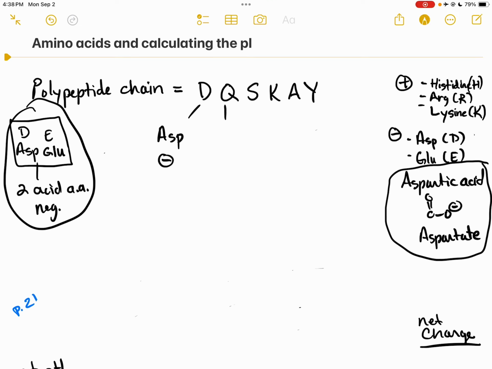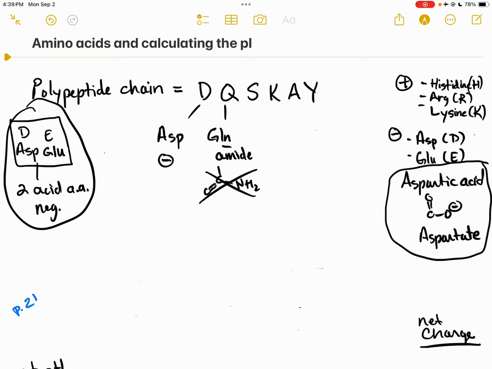Q, what does Q stand for? I guess I need to look that up. GLN. So this N stands for amide, or amine. Oh, weird. It's actually an amide. It's got the C double bond O N. And this does not have any charge on it.